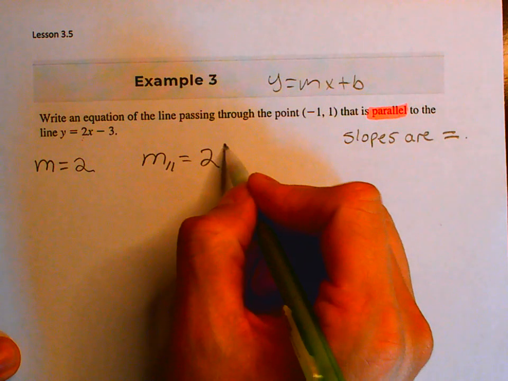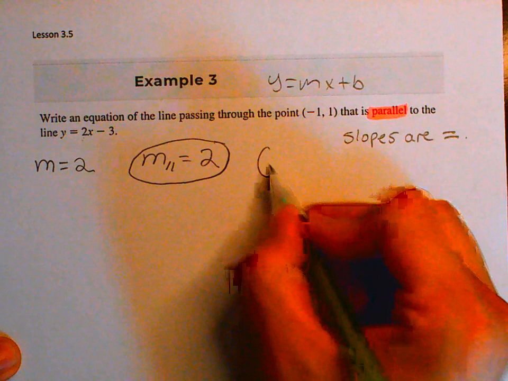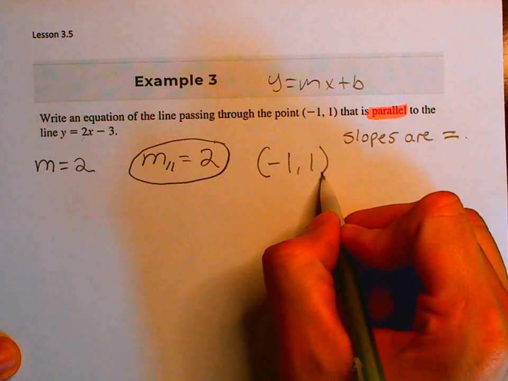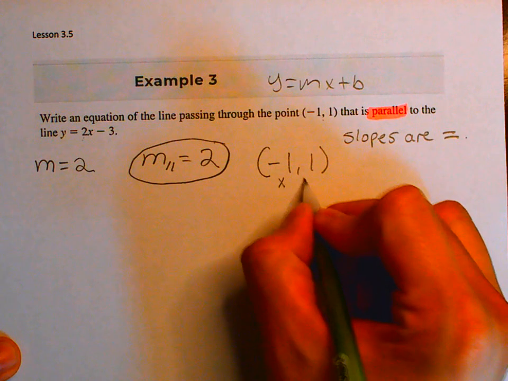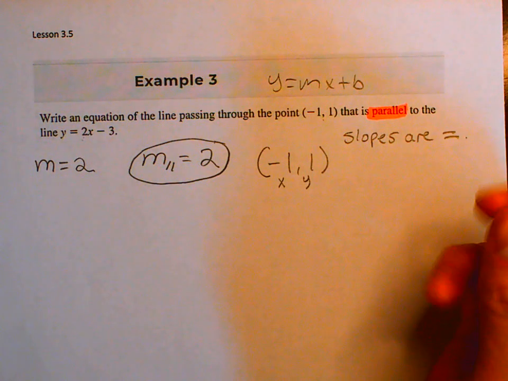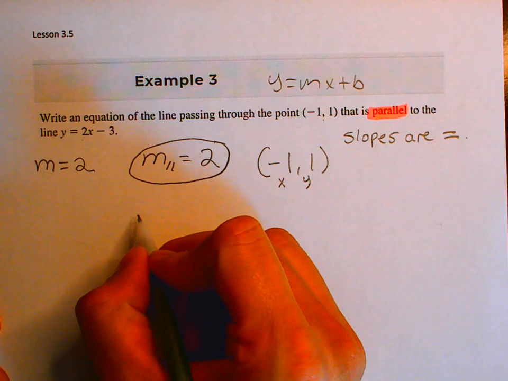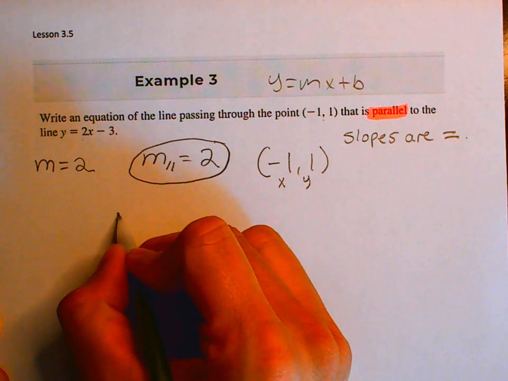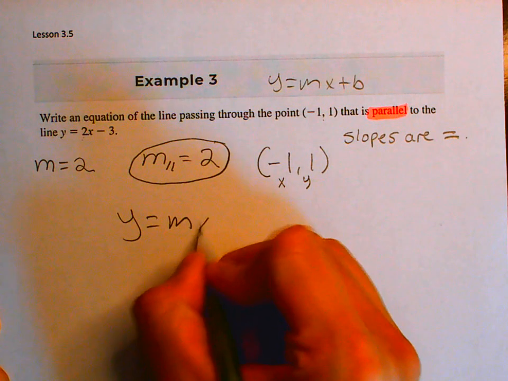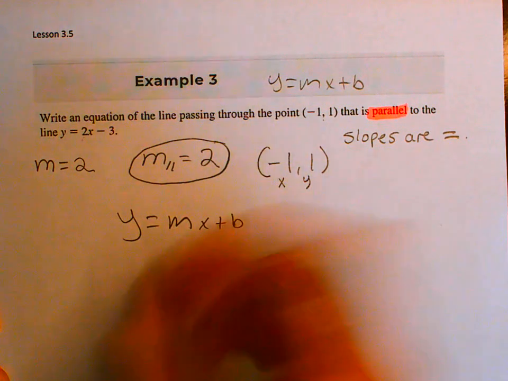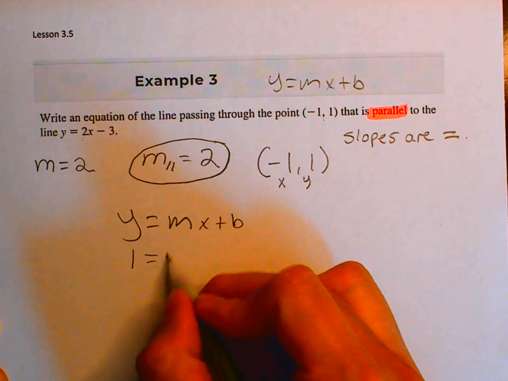So I'm going to use this slope, and I'm going to use the coordinate that they're giving me. This one has to go through this point. Okay, that's going to be my x and y. And then we're just going to do what we did in the exploration. So that's going to be y equals mx plus b. Y is 1. M is 2.